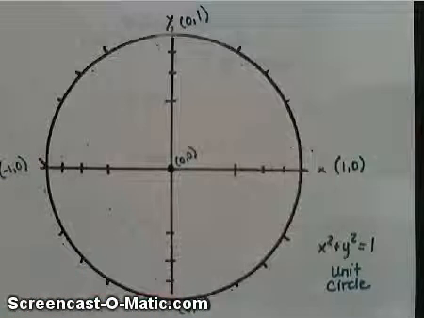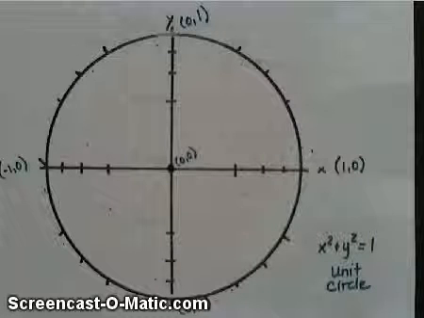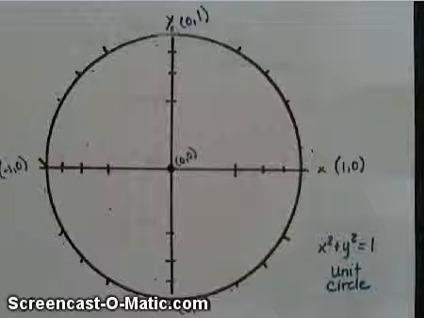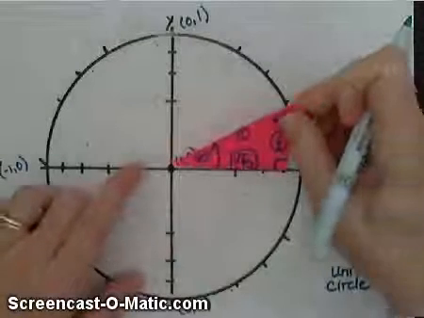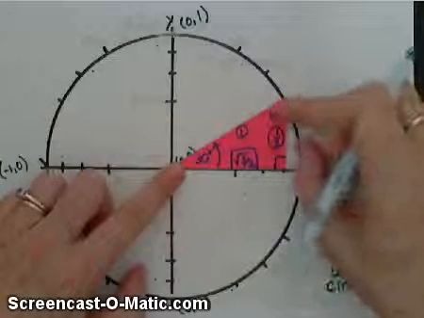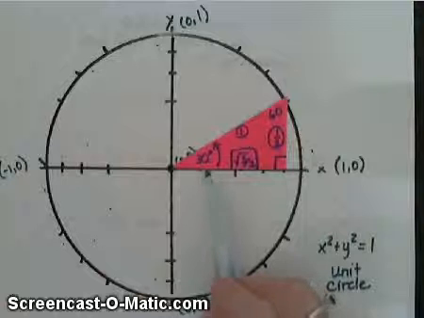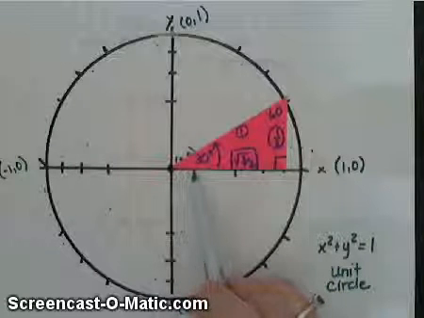Okay, now what I want you to do is go back with me to those 30, 60, 90 triangles and 45, 45, 90 that we just talked about. I have in my hand the 30, 60, 90, and I'm going to plant this triangle right here so that the 30-degree angle is located as the central angle of this circle.